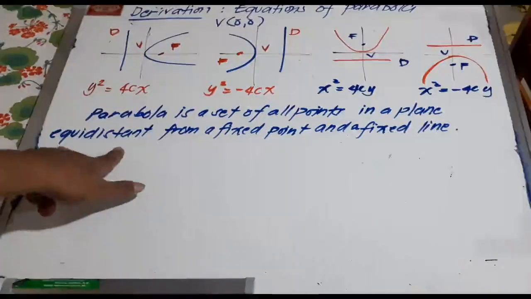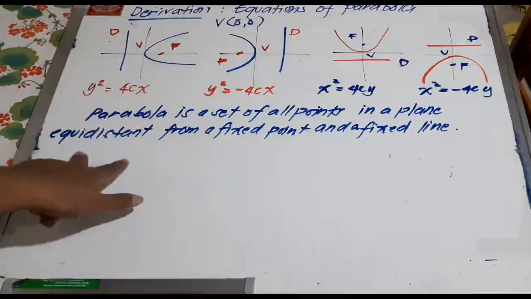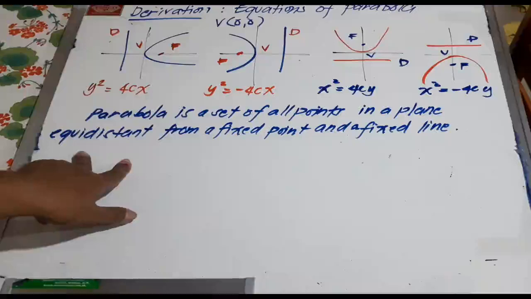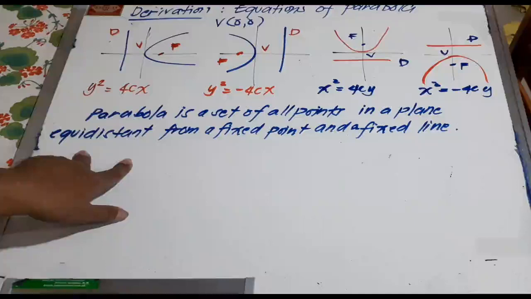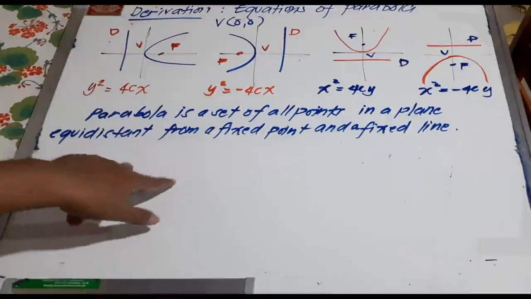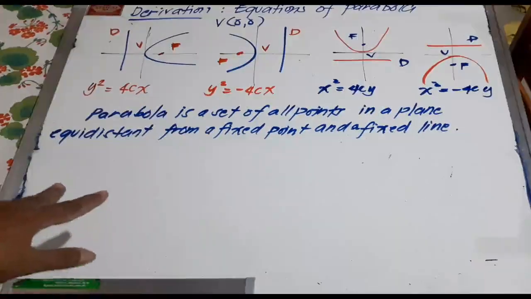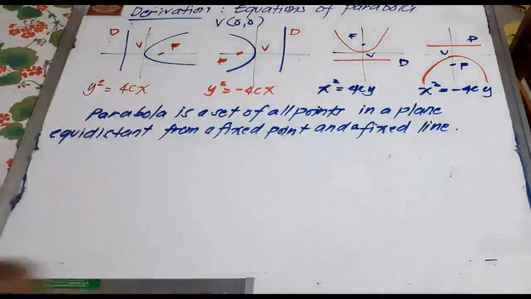Okay? Equidistant means we can come up with two equations connecting one point on the curve of the parabola to the focus and to the fixed line, the directrix. So, based from the definition of the parabola, we can derive these equations.